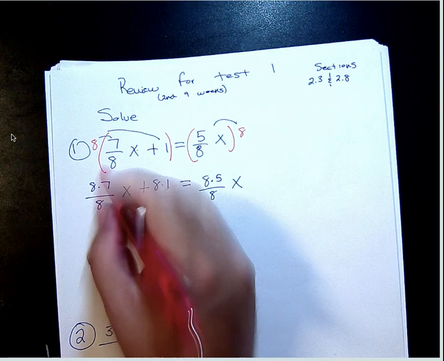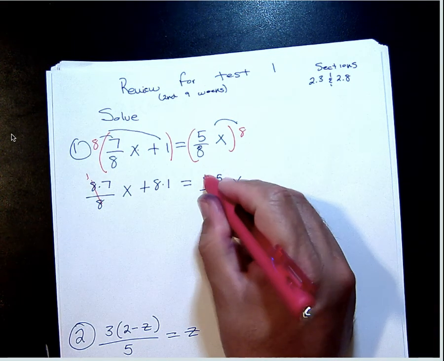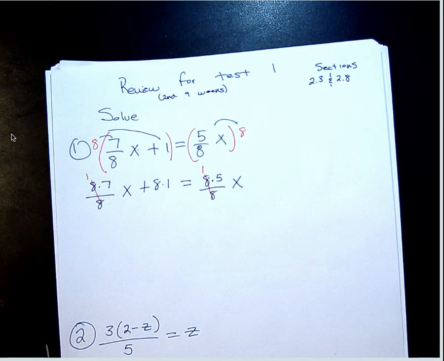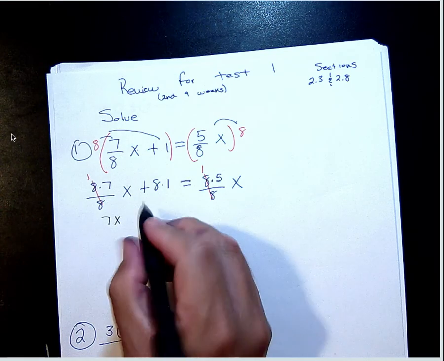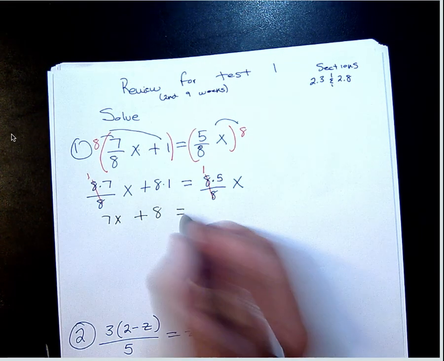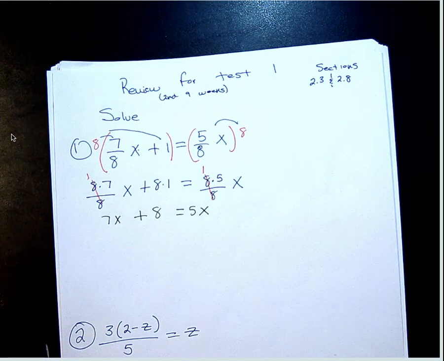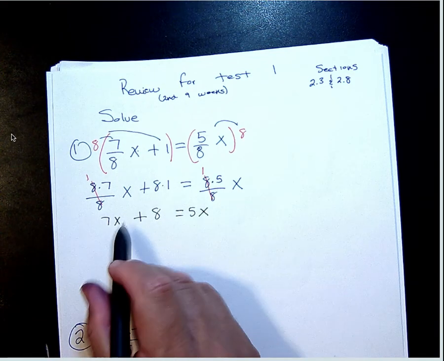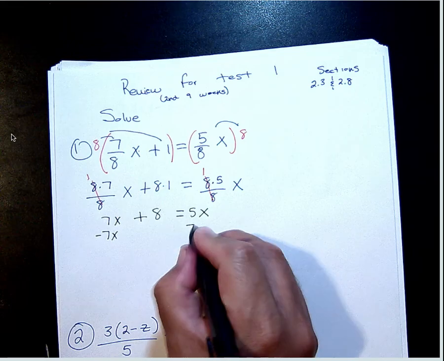So what happens to the x here? They become a 1. And also here. So you end up with 7x plus 8 times 1, which is just 8, equals 5x. Okay, after this, combine the x's. So I'm going to bring the x's to this side.